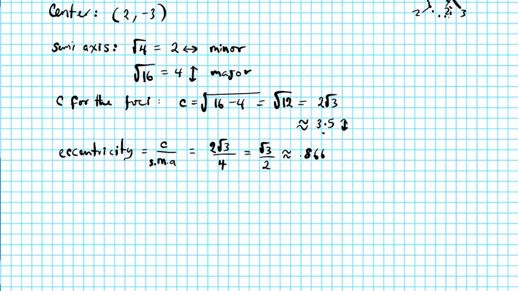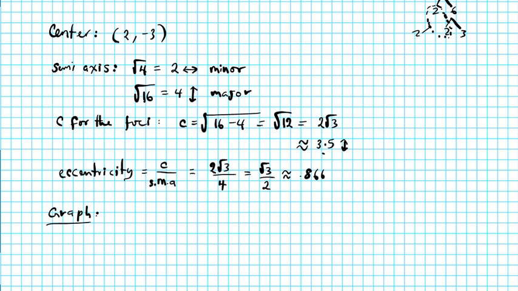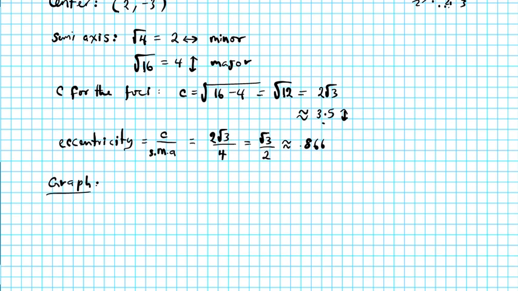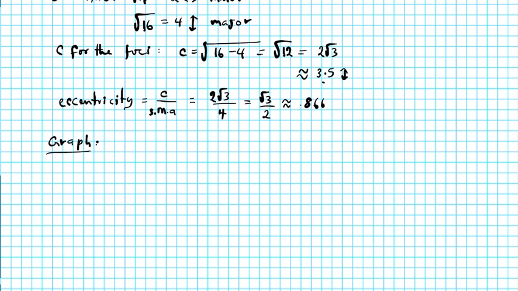Now let's go into the graph. You notice that we have a center at 2, -3, so we're going to go to the right and down. So our ellipse is going to be centered in quadrant 4. Let's create our coordinate system, taking that into consideration.